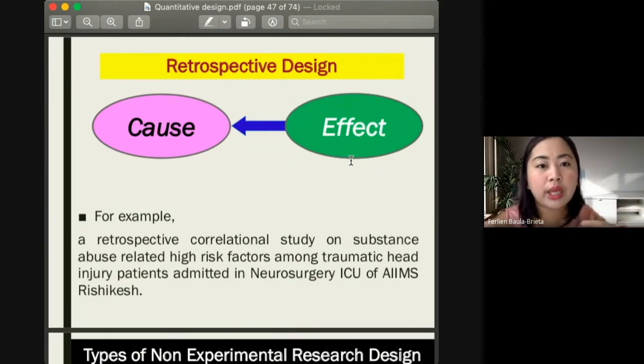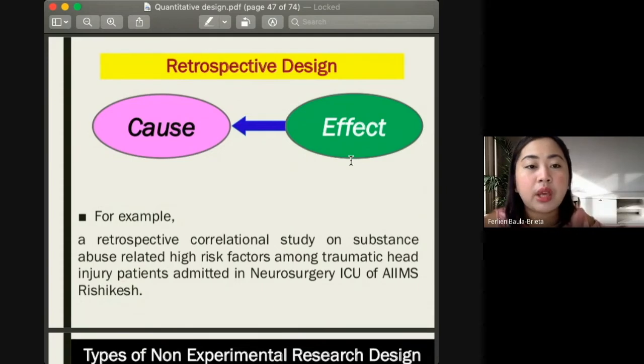An example for a retrospective correlational study is on substance abuse. What are the factors that can be related to traumatic head injury in patients admitted in the ICU with regards to substance abuse? You can go back in time and review the patients' charts about patients admitted under substance abuse and analyze the results.